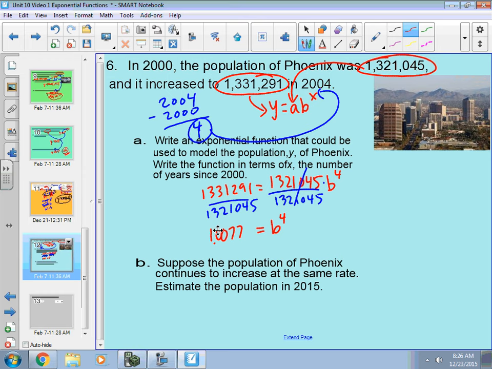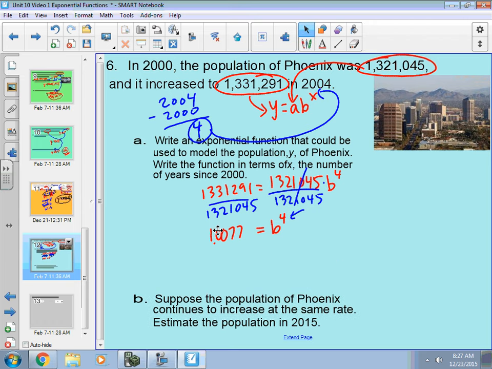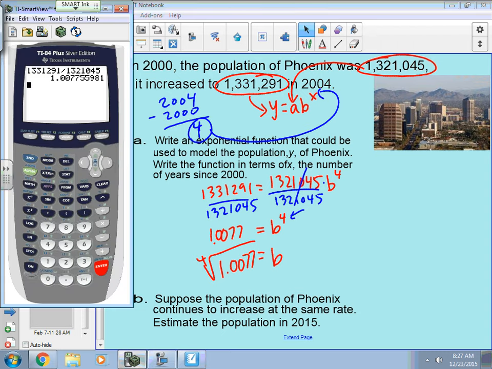We still have to undo power 4. So to undo power 4, we're going to want to take the 4th root of that number. Okay, and the more digits you keep, the closer it's going to be. So on our calculator, I'm going to hit a 4 first.